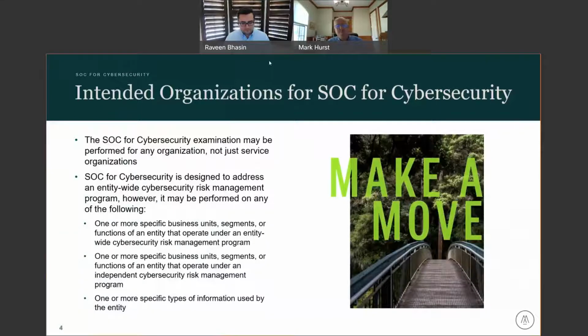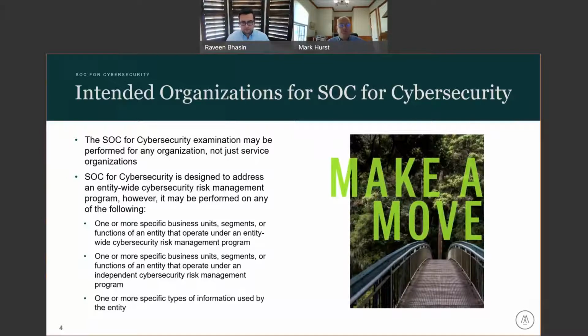The SOC for Cybersecurity examination may be performed for any type of organization, regardless of size or the industry in which it operates. As opposed to the SOC 1 and SOC 2, which are intended only for service organizations, the SOC for Cybersecurity is for any organization, regardless of whether you're a service organization or not.